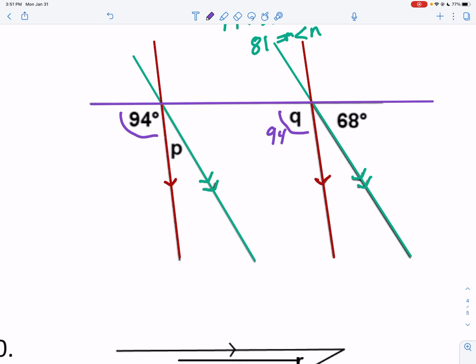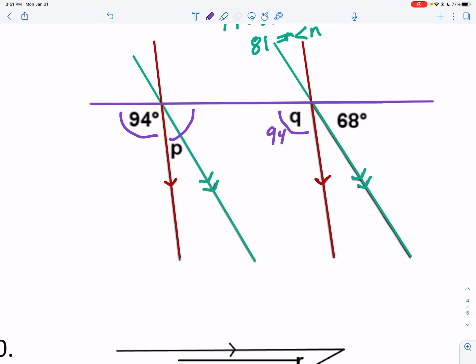What's interesting about that is we need to figure out what this is a little bit more to be able to figure out what P is over here. We realize that this and this are actually the same, but we don't really know that just yet, but we're going to find out. That's one way to do it. Or, if you would rather, you could ignore this teal line right here and realize that this plus that Q have to add together.